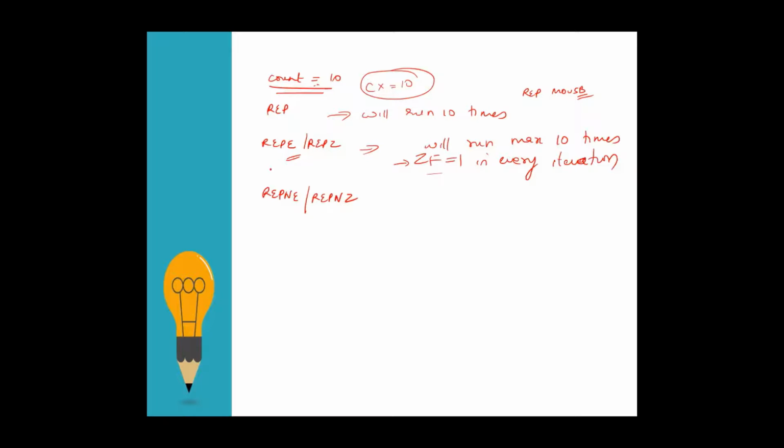That means in which scenario will this be used? As I told you, I want to compare APPLE and APPLICATION. If I want to find out whether they are the same, do I need to compare every character?